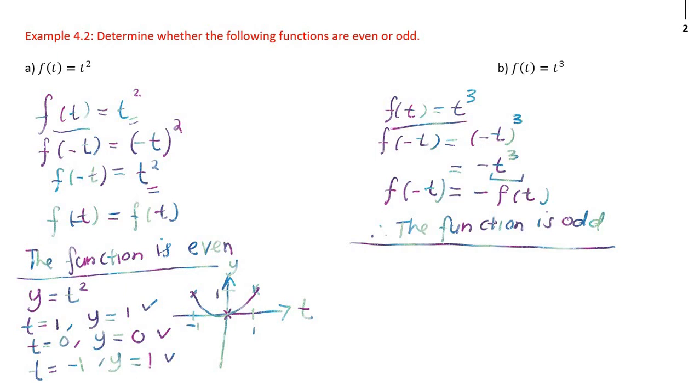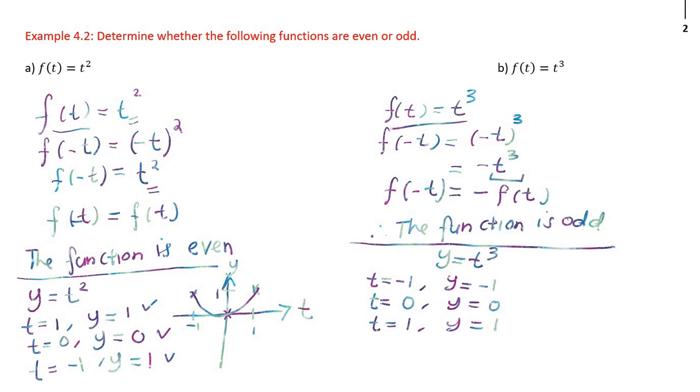we have y equals t to the power of 3. When t equals negative 1, y is negative 1. When t equals 0, y is 0. When t equals 1, y is 1.